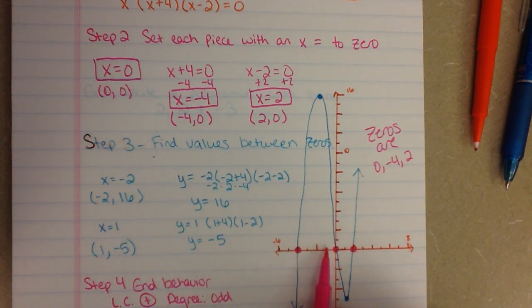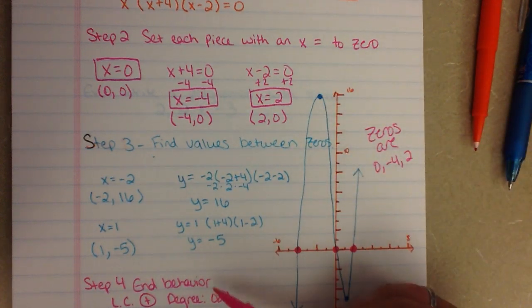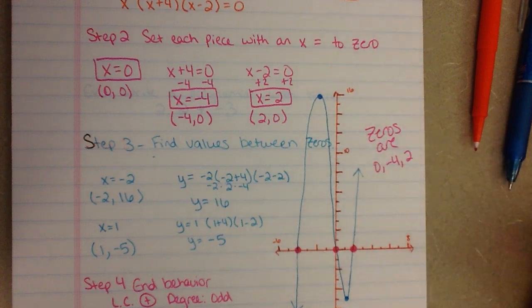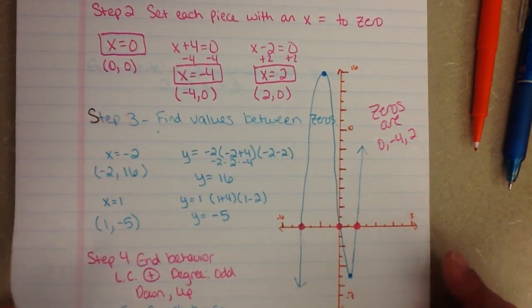You go halfway between, or pretty close to there. So if there's an odd number, you might not go halfway. You might pick one or the other. Plug that in. And then once you've got those extra points graphed, use your end behavior to figure out what the ends do. And that's how you graph a polynomial.